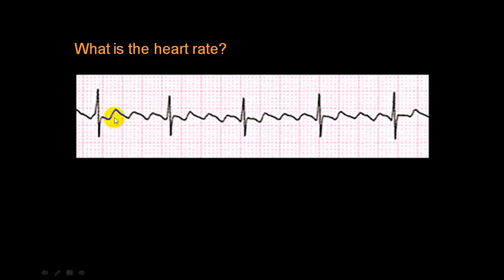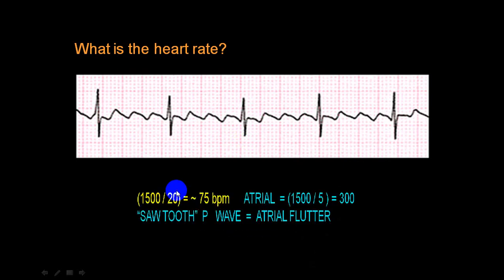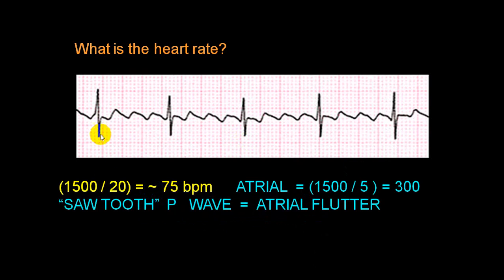Now if you calculate the P to P interval, it is roughly 5 small squares, and the R to R interval is roughly 20 small squares. So ventricular rate is 1500 divided by 20, that is 75, and atrial rate is 1500 divided by 5.